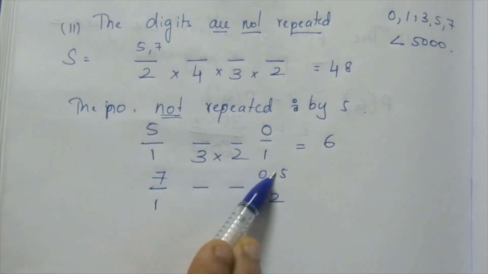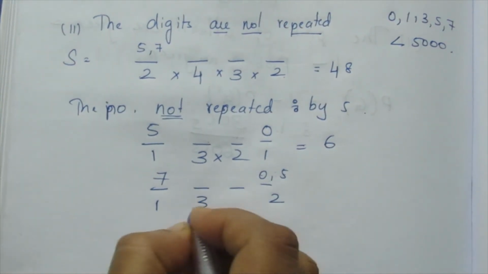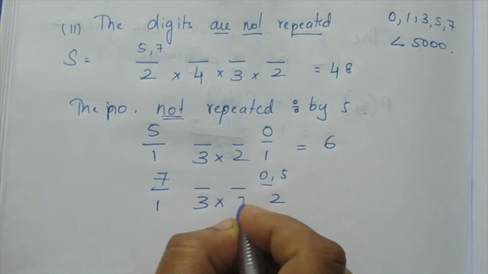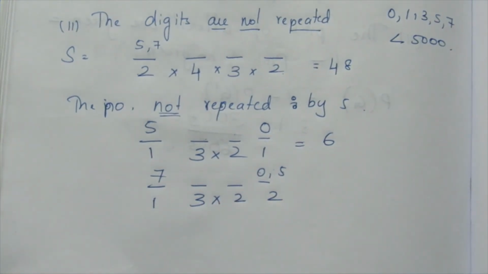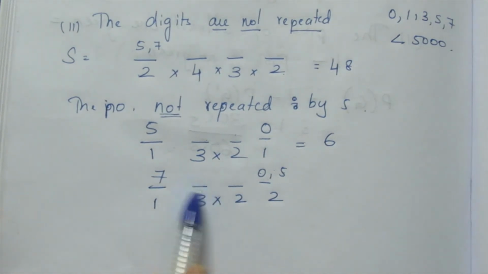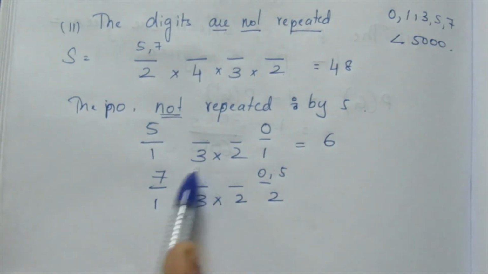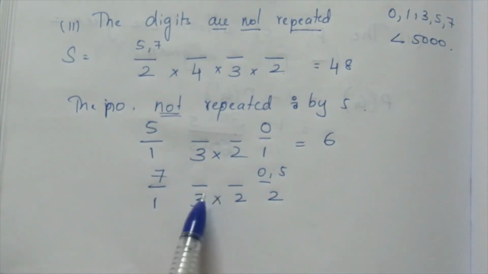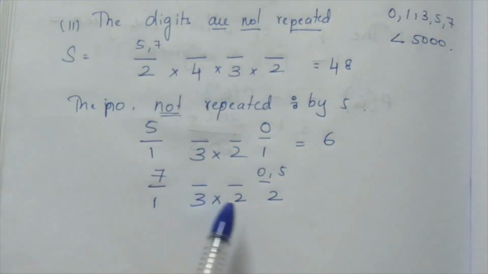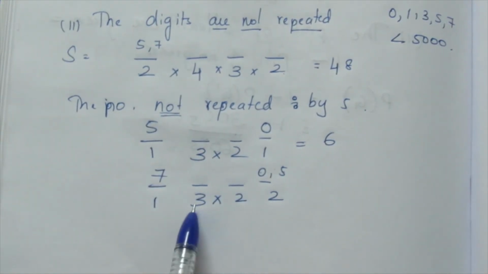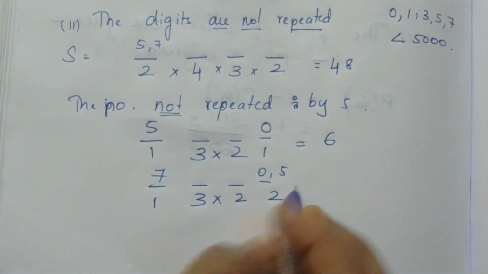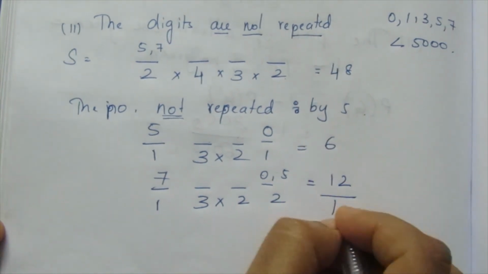So we have 2 numbers gone. Now balance 3 numbers here, balance 2 numbers. Leaving these 2 numbers, we have 3 ways of filling this blank, and if we fill it with some number, only 2 ways of filling this number. So here we have 3 2s are 6, 2 6s are 12. So total we have 18.